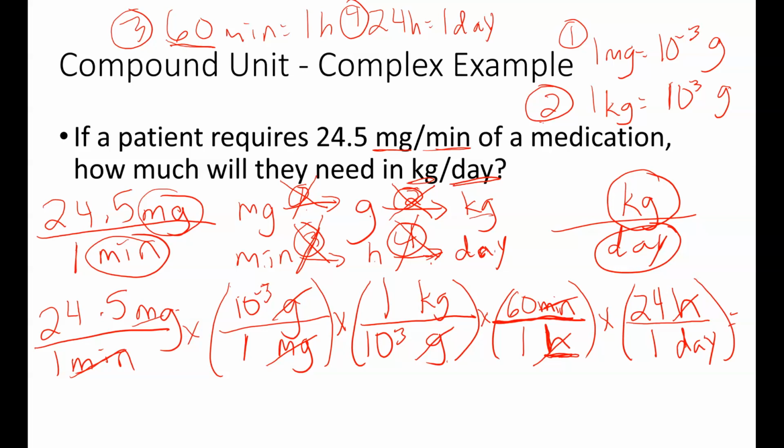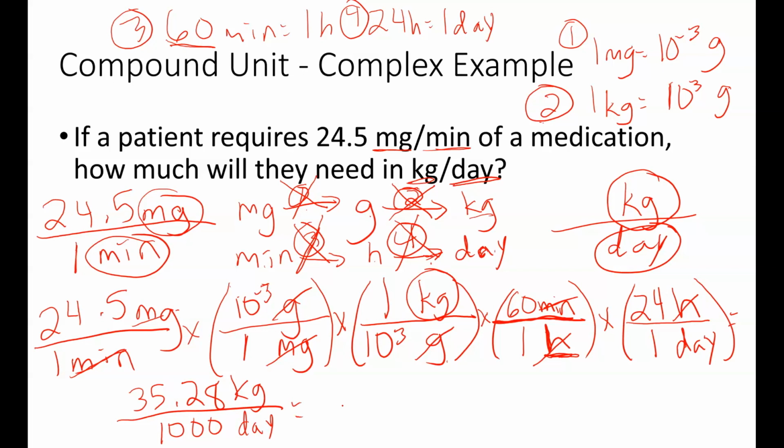If I put this all into my calculator, I get for the top of my fraction 35.28. My only unit left on the top is kilograms, over 10 to the third, which is 1,000, days. So I can divide my 35.28 by 1,000.